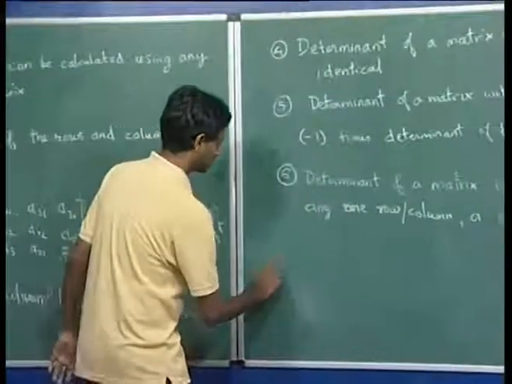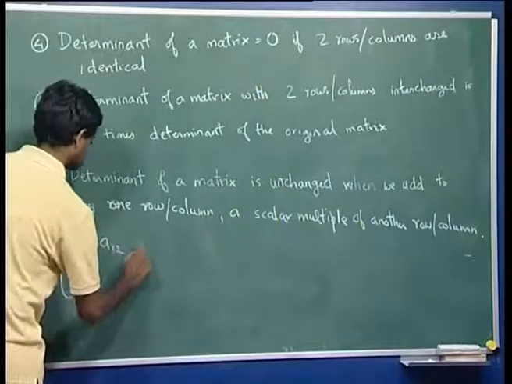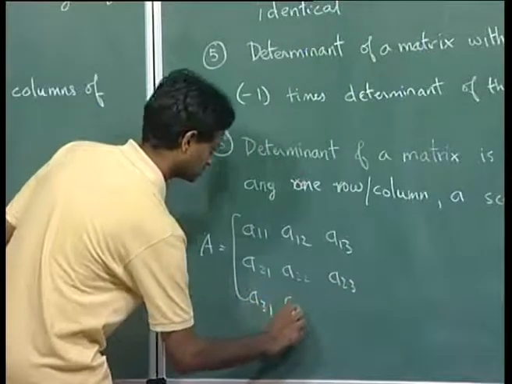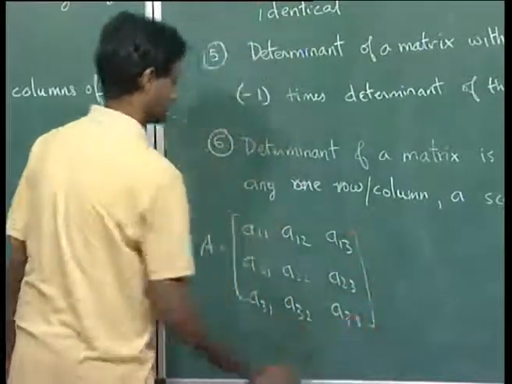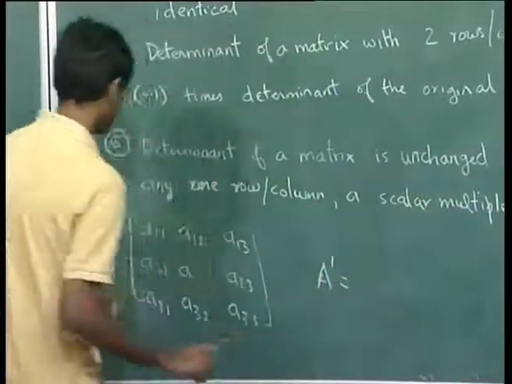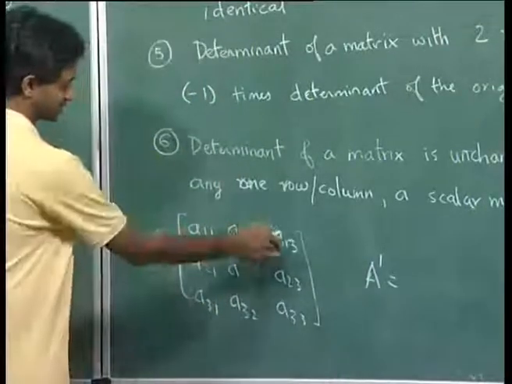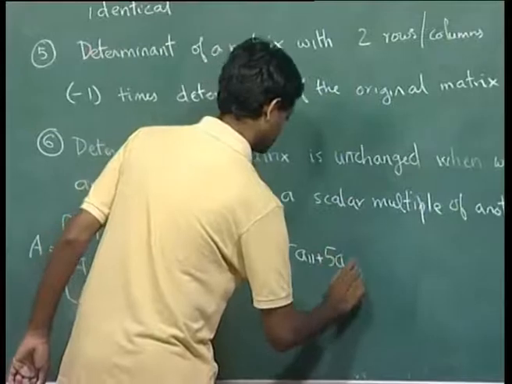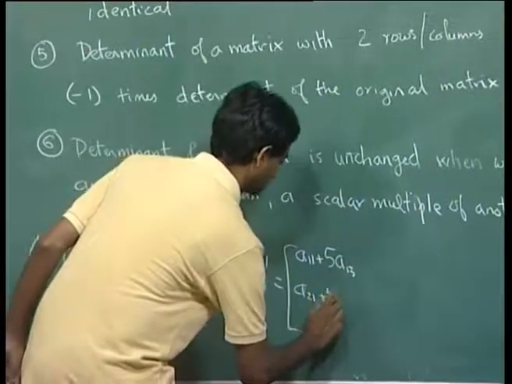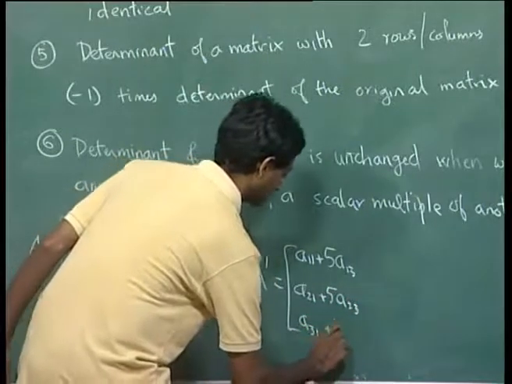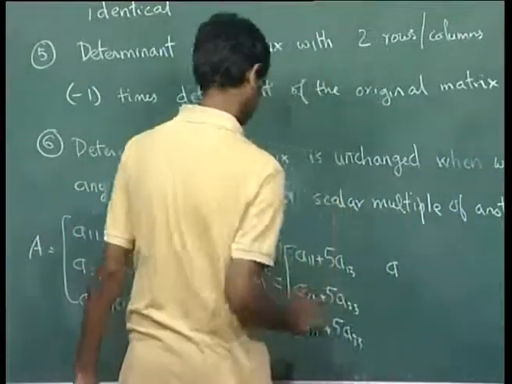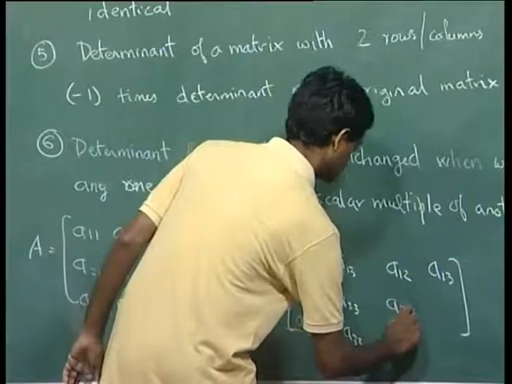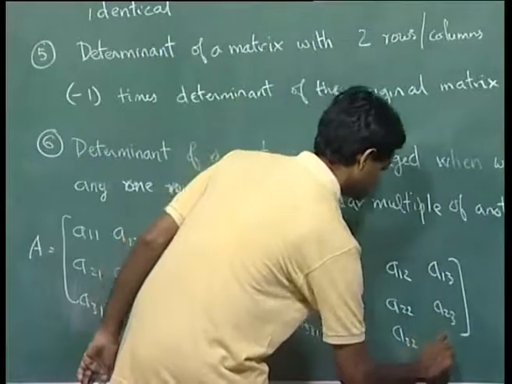So, if I have A and I have A prime, where to the first column I add 5 times the third column, so A11 plus 5 A13, A21 plus 5 A23, A31 plus 5 A33, and I have A12, A13, A22, A23, A32, A33.